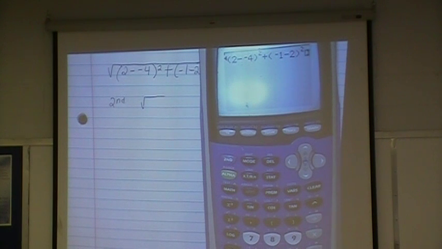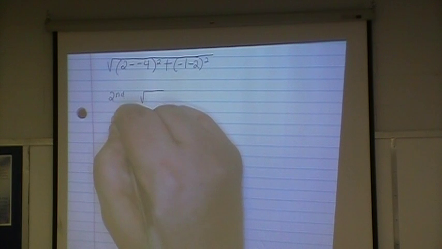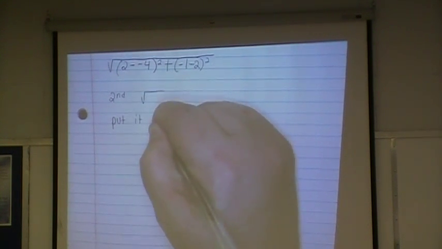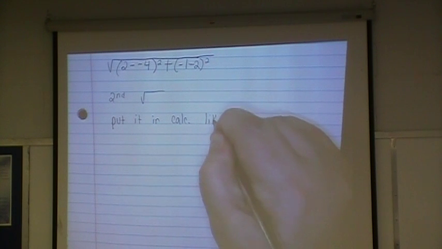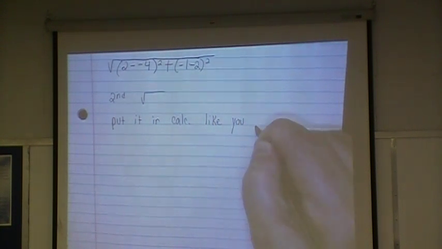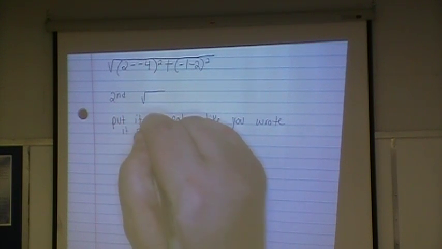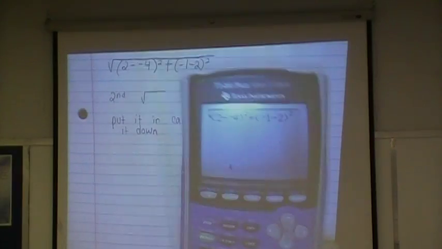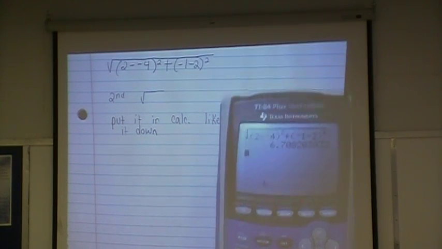So you hit second square root. You're going to put it in your calculator like you wrote it down. And then you're going to hit enter.